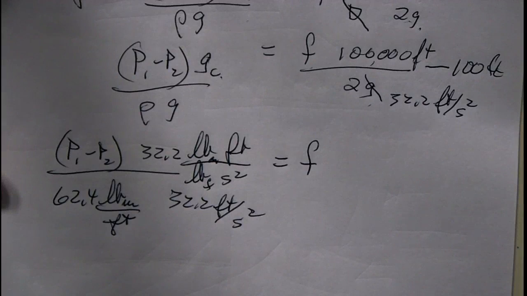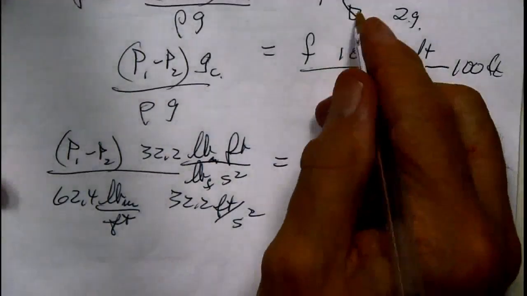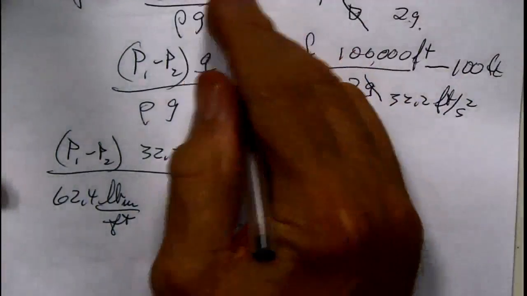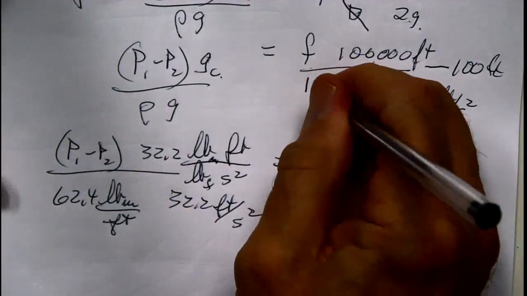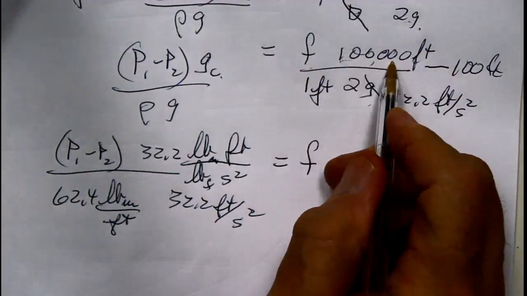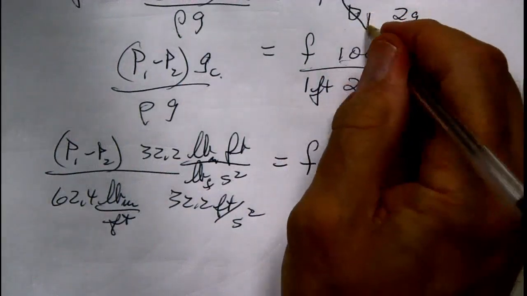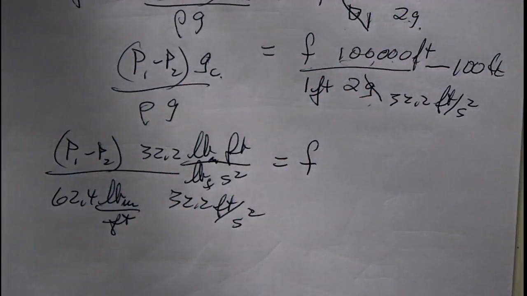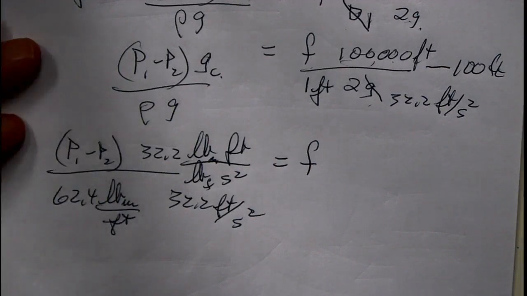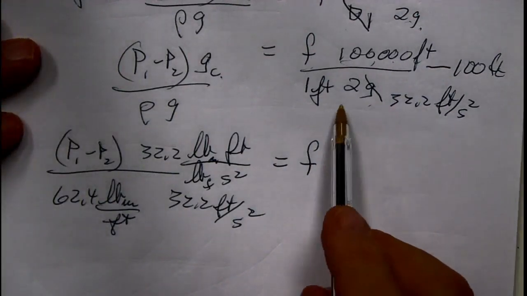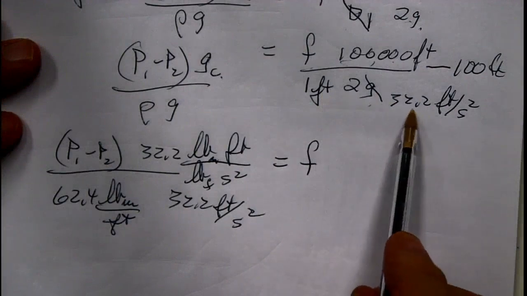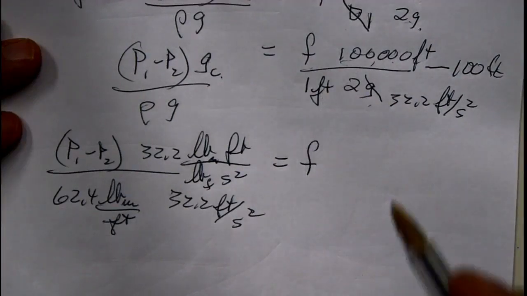And let's see what happens here. I also have to put in a diameter, right? And my diameter is 1 foot. So I have my 1,000 in here. I have my 1 foot sitting there. And a very odd unit that looks like it's coming up is, foot cancels.